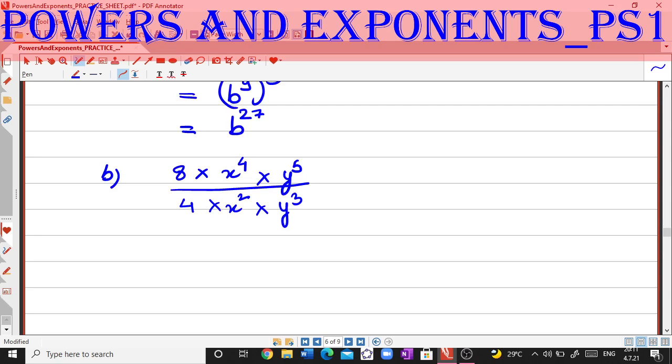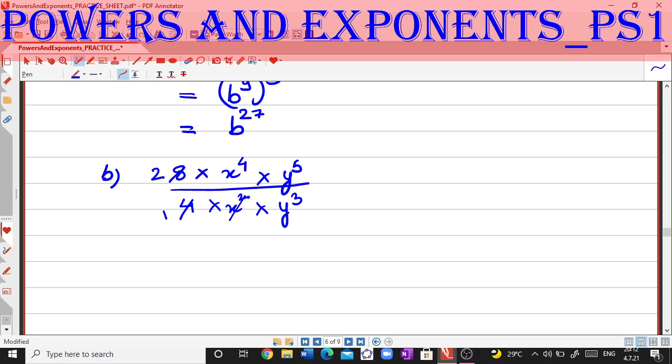First of all, 8 and 4 can be cancelled out, leaving 2 on top and 1 below. And this x square and x to the power 4 will be cancelled out, as x to the power 4 is repeated multiplication of x 4 times and x square is repeated multiplication of x 2 times.